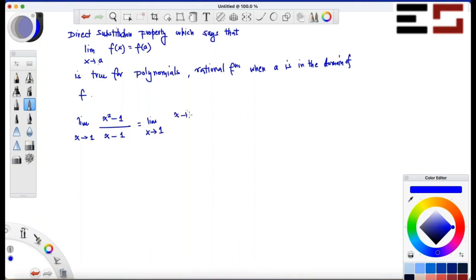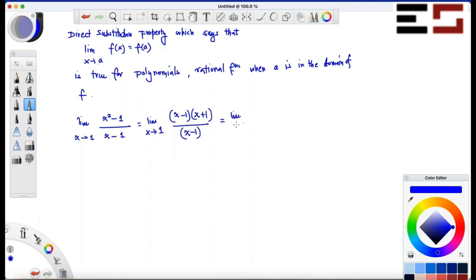Well, I can write the numerator like this. Okay, and then observe that wherever this function is not equal to 1, I can cancel this, right? I mean, cancellation is valid.